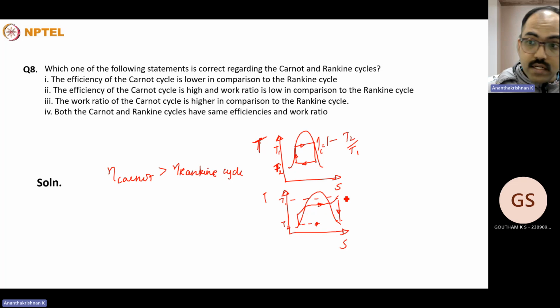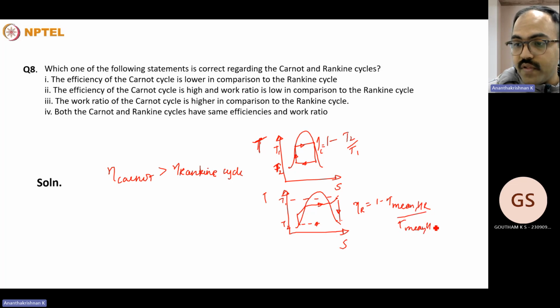So what happens is that the efficiency of the Rankine cycle can be written as 1 minus T mean heat rejection divided by T mean heat addition. Compared to the Carnot cycle, which operates at a constant temperature for heat addition, this is a constant pressure process and the maximum temperature will be T1. So for the same heat transfer, the mean temperature of heat addition will be different for the Rankine cycle.